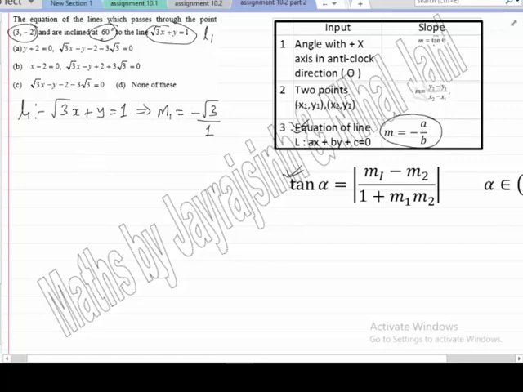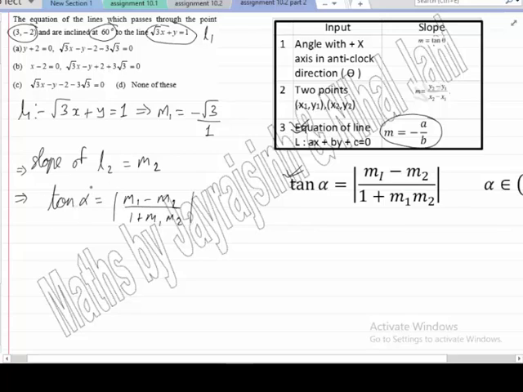Now it's time to use the inclination. Let's assume that the slope of line L2 is M2, right? So using the formula of inclination, tan alpha is equal to (M1 minus M2) upon (1 plus M1 into M2).